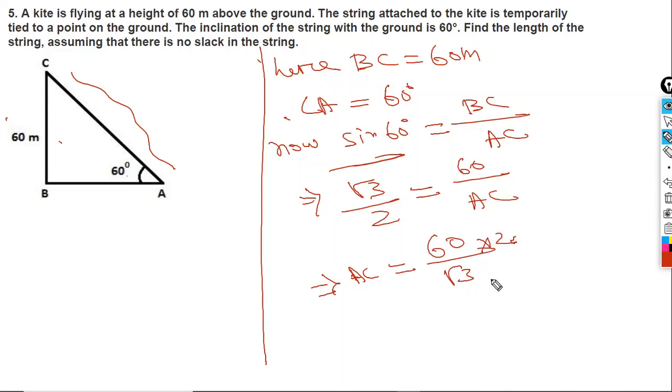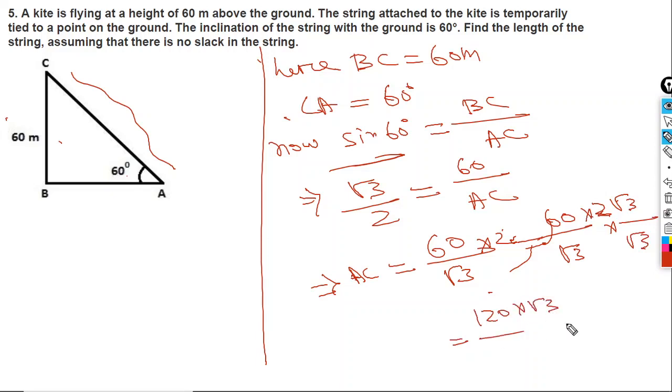I have to rationalize it, so you just write 60 by root 3 into 2, into root 3 by root 3, which will be equal to, now 60 into 2 is 120 into root 3 divided by root 3 into root 3 will be 3.